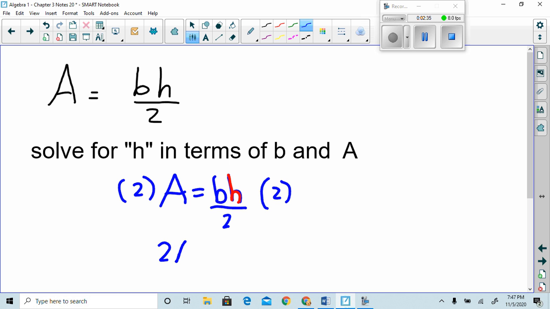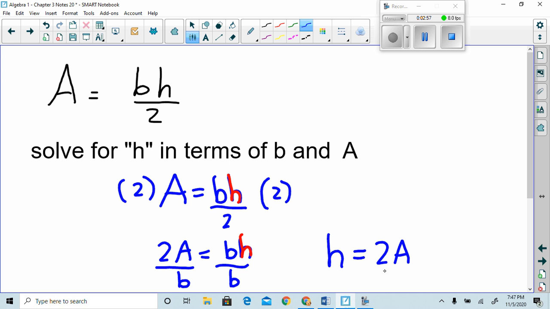I have 2 times the area is equal to base times height. Again, my goal is to isolate h, and I do that now by one more inverse operation. I'm going to divide both sides by the base, or b. I was solving for h, so height is equal to 2 times the area divided by the base.